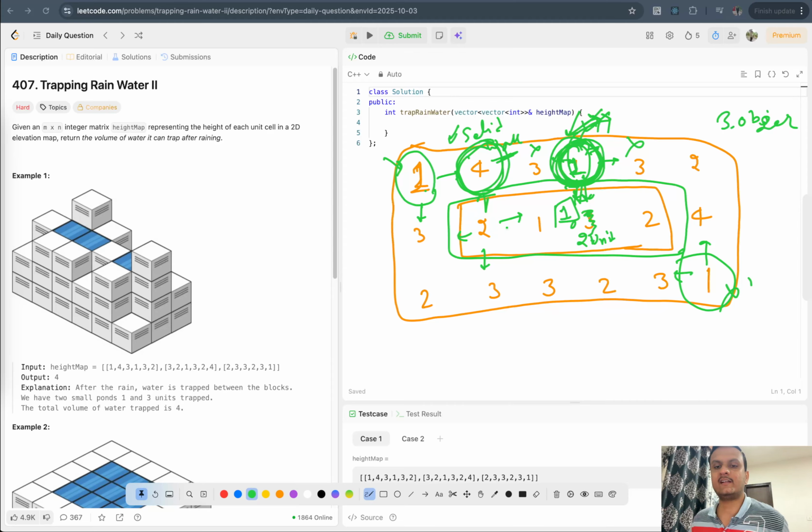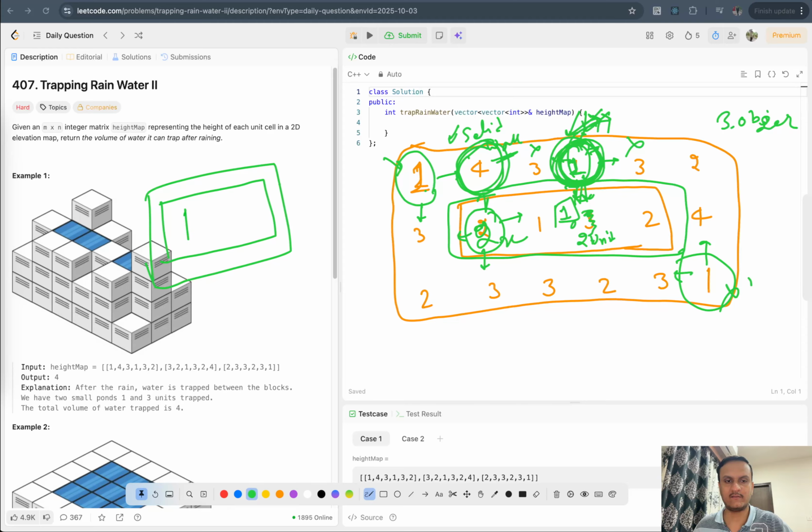We have to look at adjacent cells to figure out how much water we can trap at this current cell X. And the third observation, we found that from the boundary, if I go layer by layer, this is our grid, we can go inside one layer, then one more layer, then one more layer. So layer by layer, if I go inside, I have to consider the lowest one at the boundary. Then this will become the boundary. I have to consider the lowest one here, then the lowest one here, and then the lowest one here, similar to that. Otherwise it will be the spilled out problem. Okay, got it.